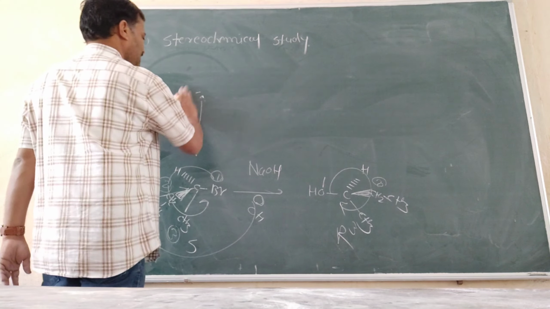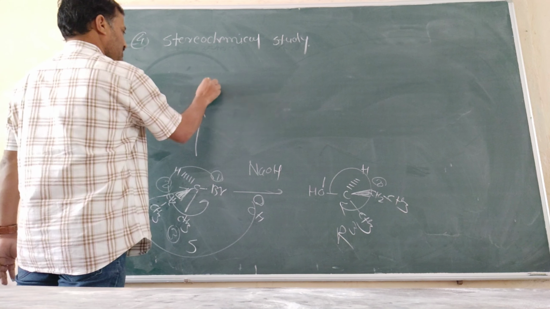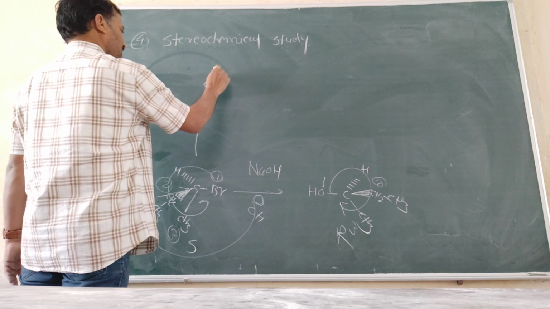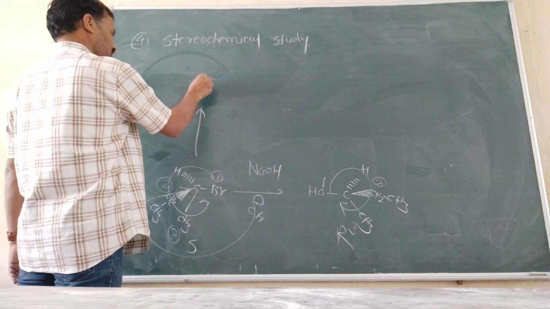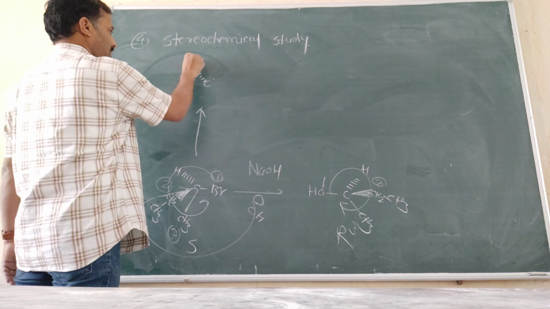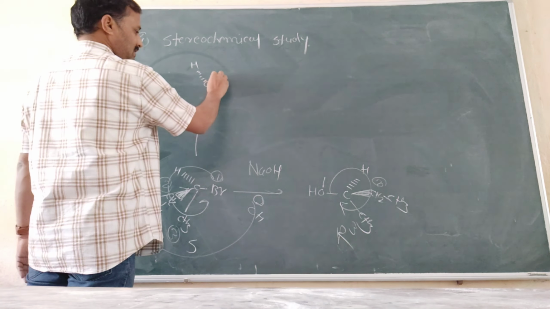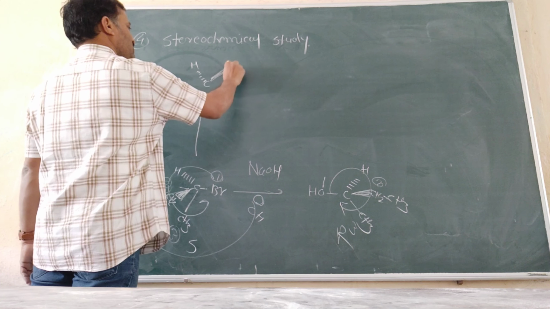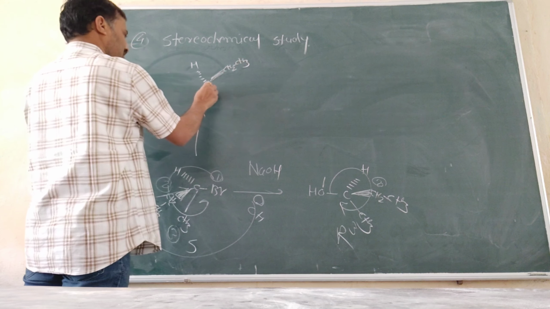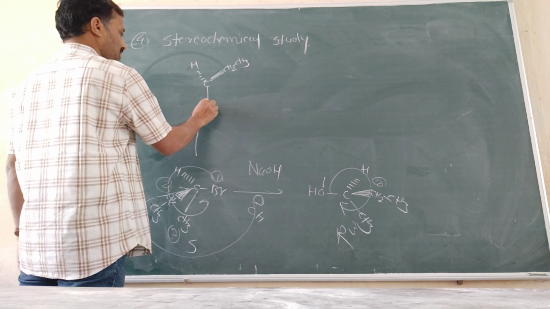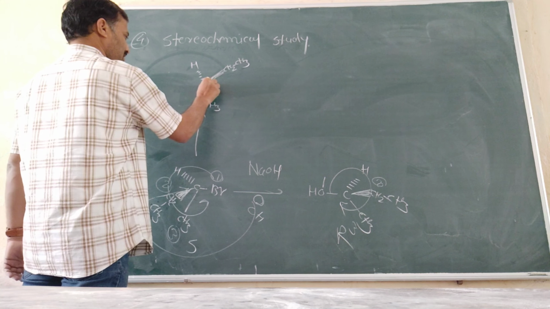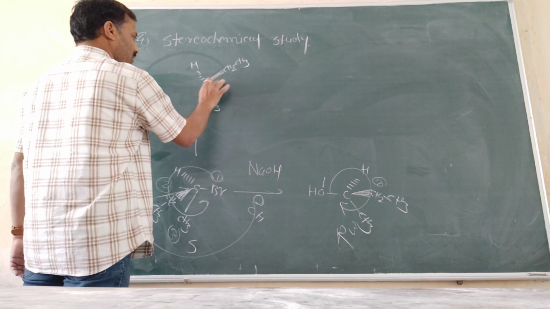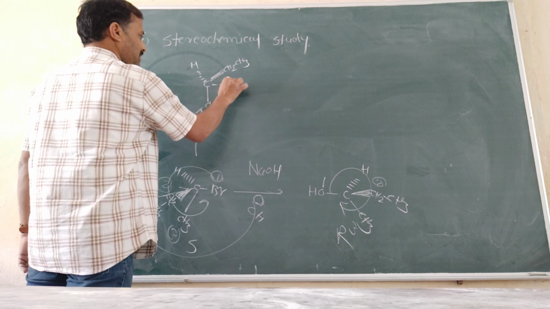That is, we get H, CH2CH3 and CH3, with the partial breaking of the C-Br bond.